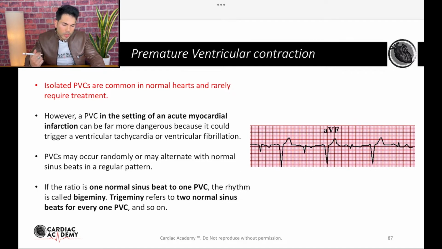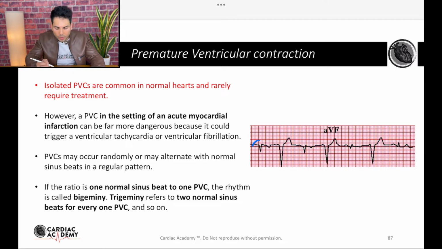You can also classify PVCs by how often they appear. You can see a normal QRS followed by a PVC, then back to a normal QRS and then a PVC. That is called bigeminy, okay? You can see an example right here. The first depolarization is a normal depolarization, and all of a sudden we have a PVC, okay?